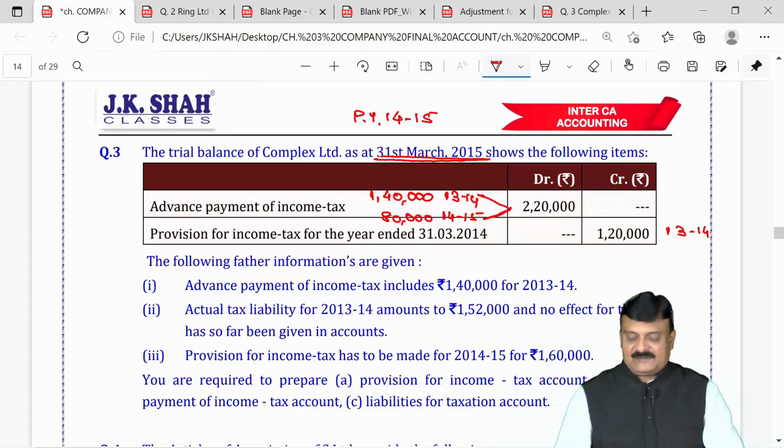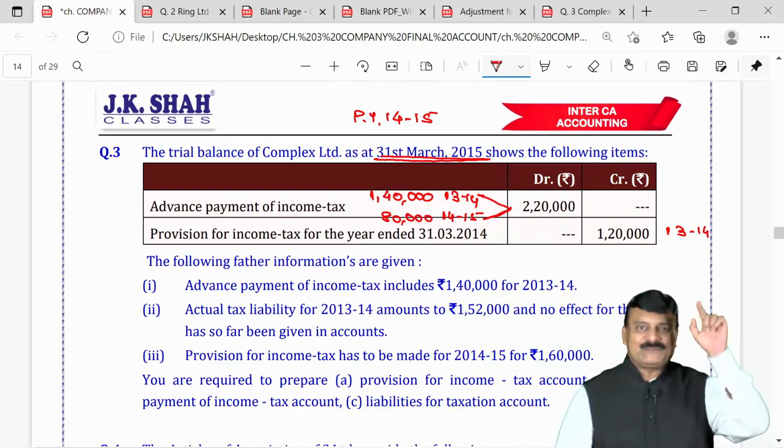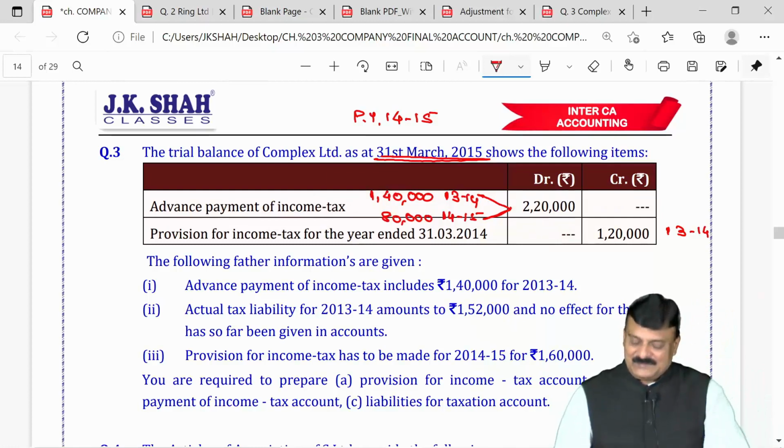Actual tax liability for 2013-14, meaning last year's assessment must have been done in the current year, amounts to 1,52,000, and no effect for the same has so far been given in accounts. So the assessment has already been done and we have not yet given effect of the assessment.